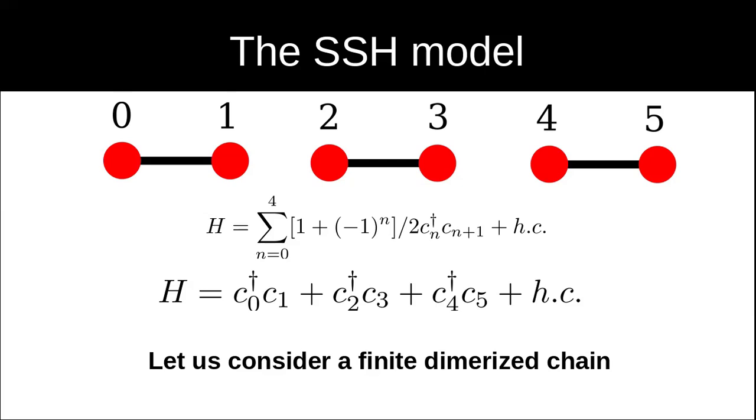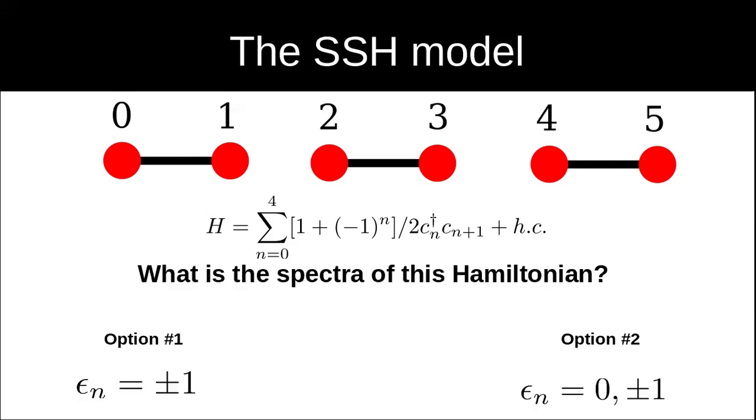So if you write it in second quantization, you would have something like c dagger 0 c1, c dagger 2 c3, and so forth.